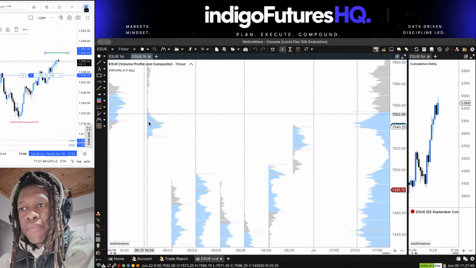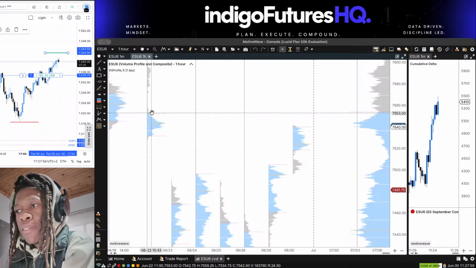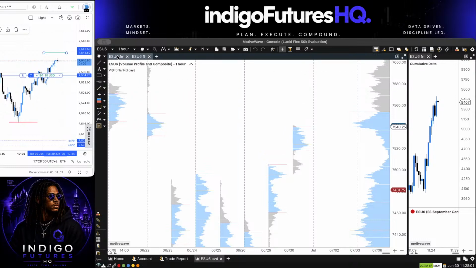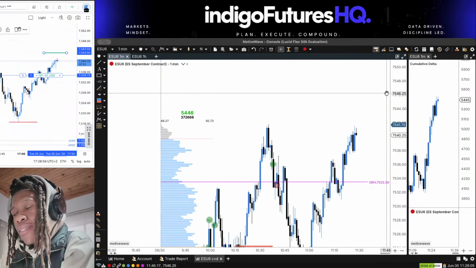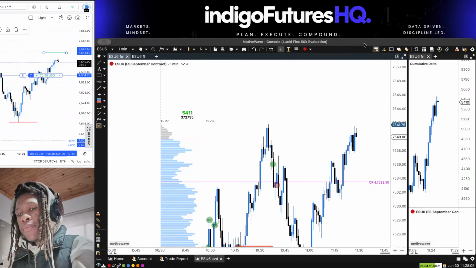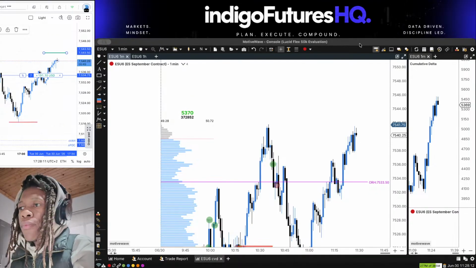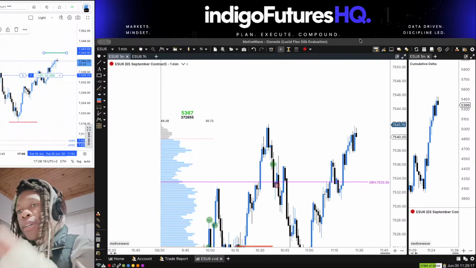So yes, we need a break above that, and then a break above this, and it is looking pretty thin. I guess just from this volume profile over here, there's not much going on there, so we'll play it one candlestick at a time. All right.